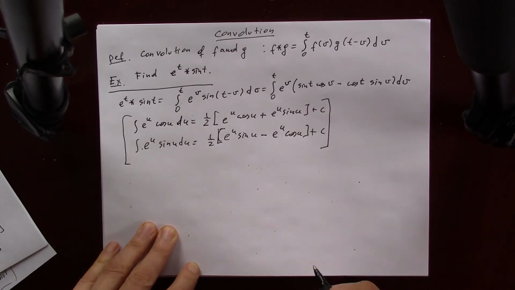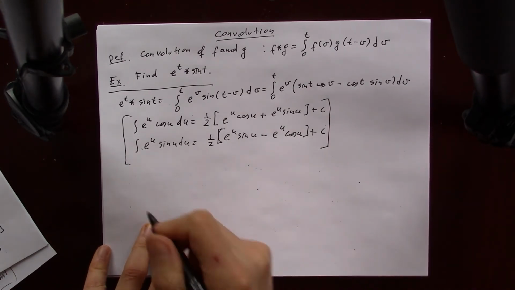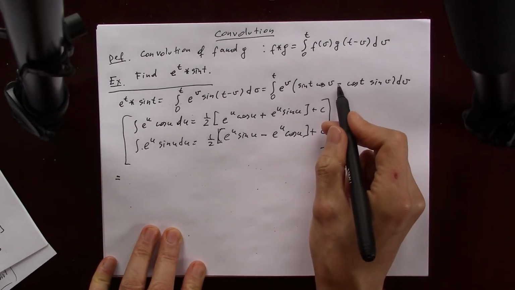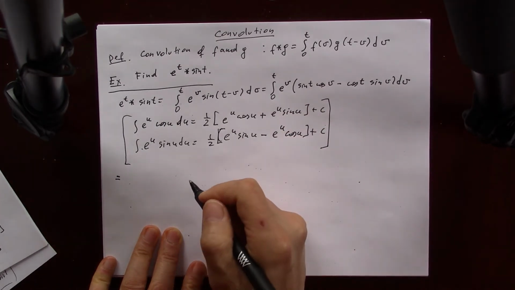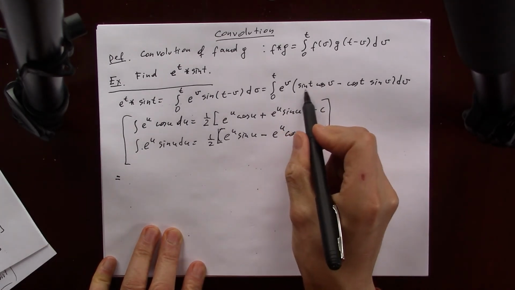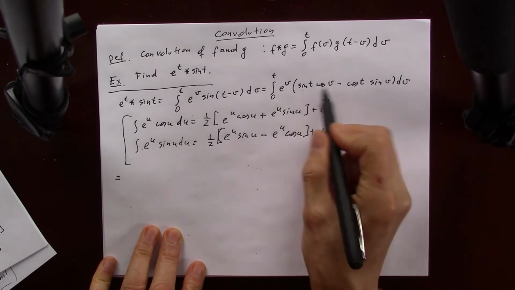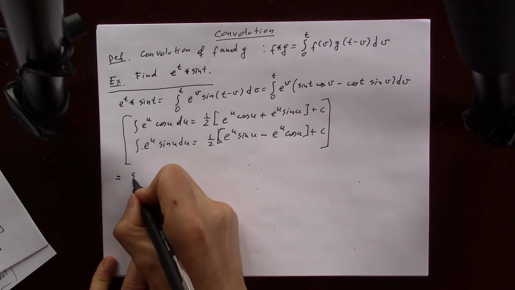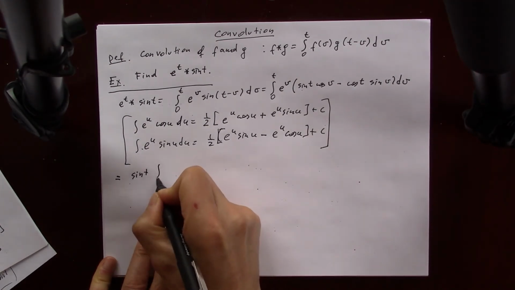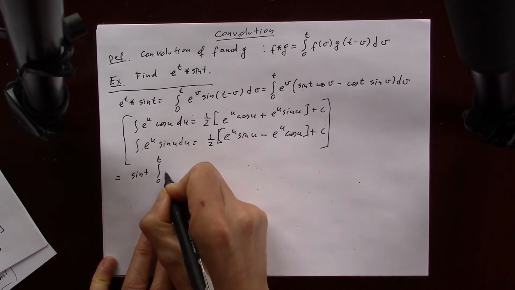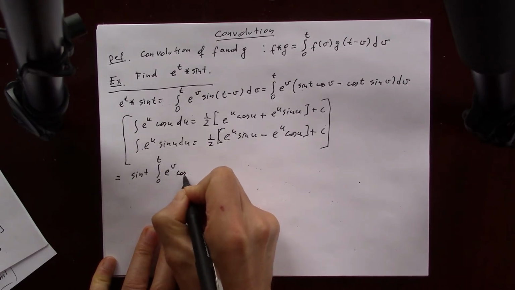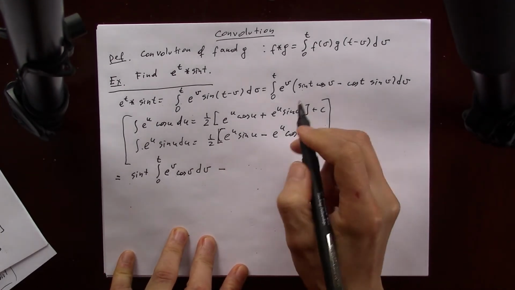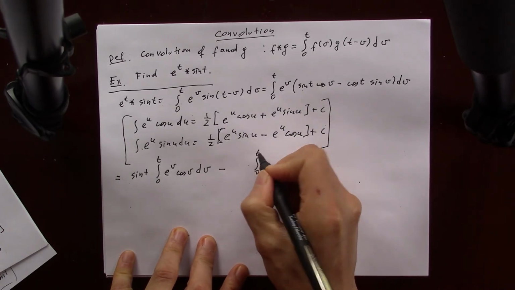We recall these two integrals. So what we're going to get here is, I'm going to break that integral into two integrals. The first one is going to be e to the v sine t cosine v dv, because sine t has no v in it, so we can take sine t out, and we get the integral from 0 to t of e to the v cosine v dv, minus the second integral: the integral from 0 to t of e to the v cosine t sine v dv.